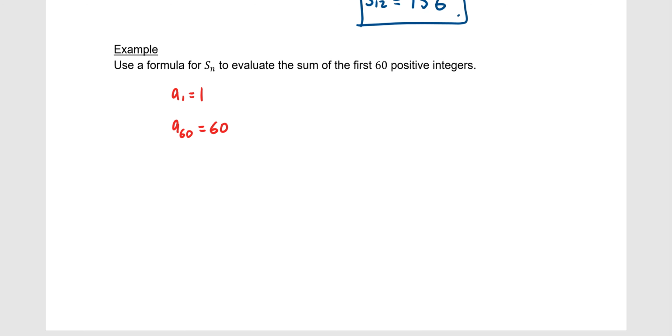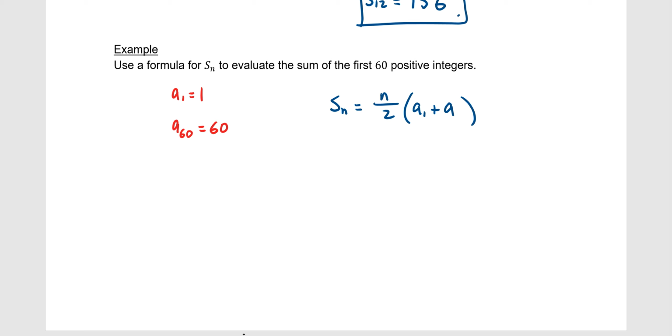And we're going to use the formula S sub n equals n over 2 times a sub 1 plus a sub n.